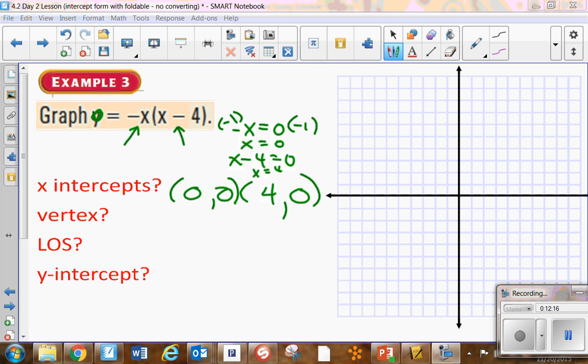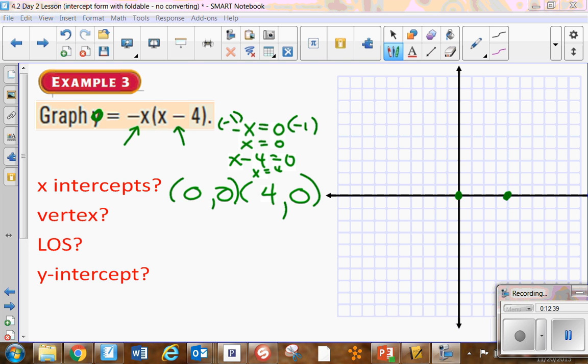If you have a single variable out in front, then one of your answers would be a 0. So my x-intercepts are at (0, 0) and (4, 0). So what's going to be the x of my vertex?